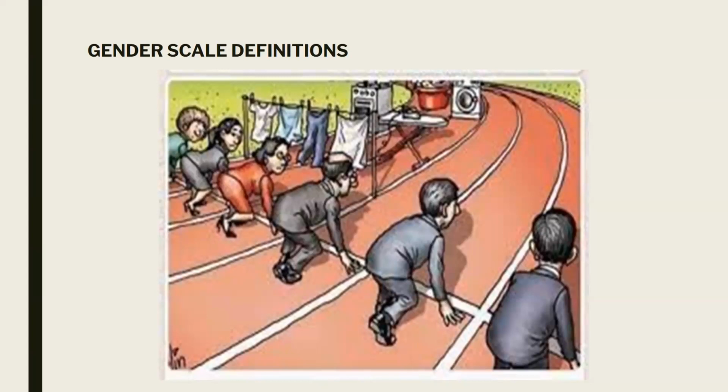But the 3 ladies, when you look at them, there is already a barrier where the clothes are spread and other house chores are there that they are supposed to meet before they can join the running. And this is already indicating the barrier, the inequality between the boys and the girls. That's what I can say.